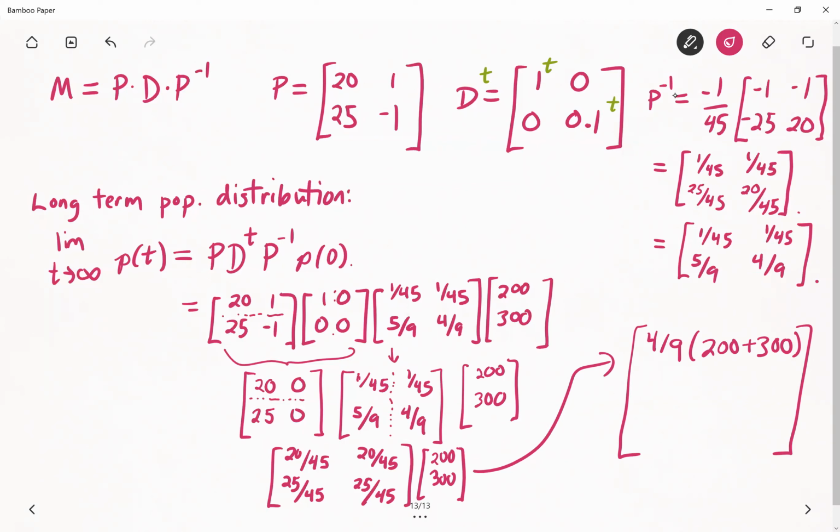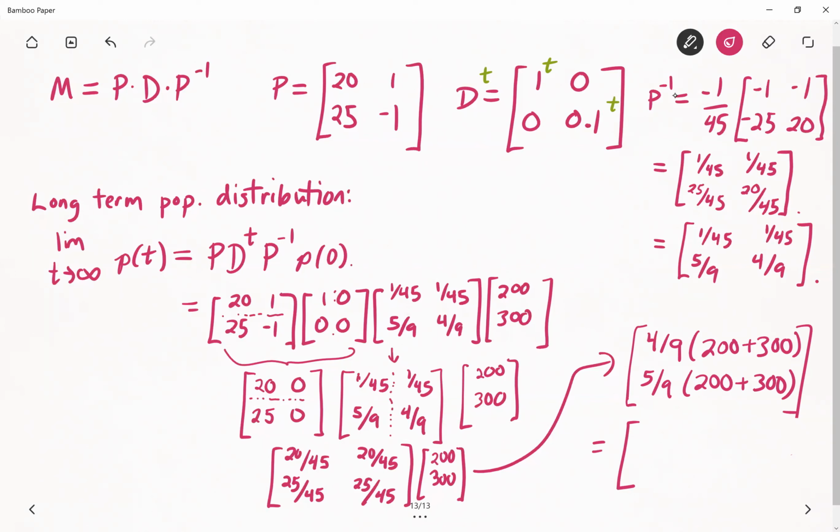And then 5/9 times 200 plus 5/9 times 300. So I'm factoring out the ninths right away to make my vector a little bit more nicely sized. Right, so I'll have 4/9 times 500. Let's see, does that simplify to give us anything nice? 500 times 4/9. Nope, it does not.